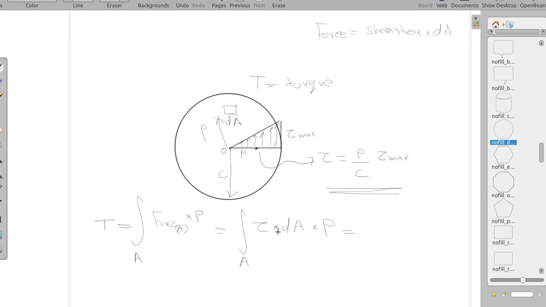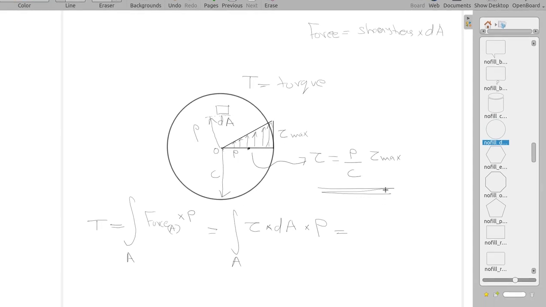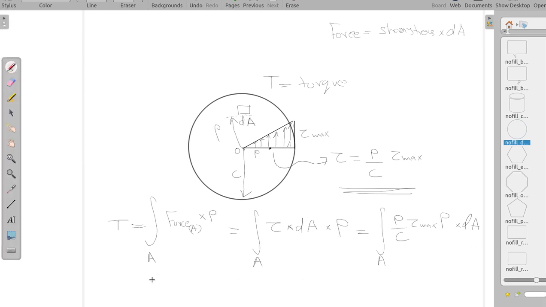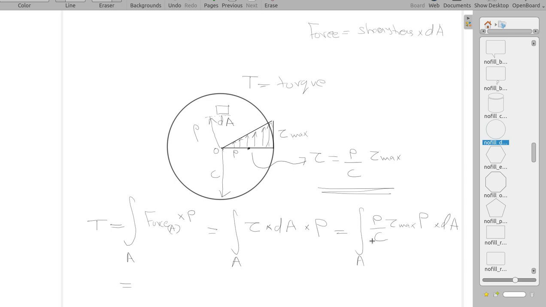Now we know that this tau is linearly varying from 0 to maximum, and using the third assumption we know that tau can be substituted here, so rho by C tau max into rho into dA. Okay. Now what can we do?